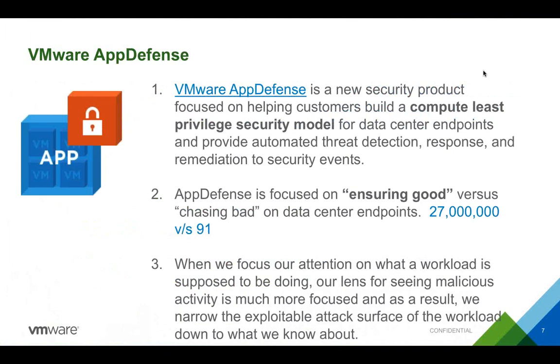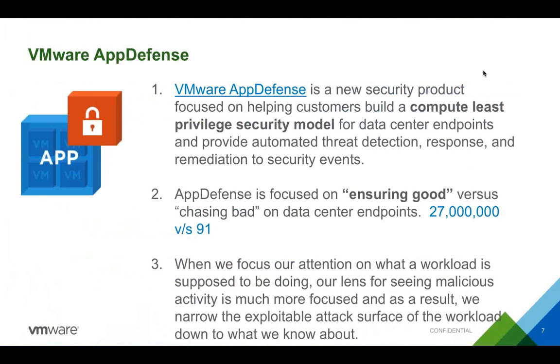Then we can achieve the focus point of keeping the threats out of the data center and creating a library of automated and orchestrated responses whenever we do a threat detection. So again, just to reiterate, the mantra behind App Defense is to focus on ensuring good rather than chasing bad.